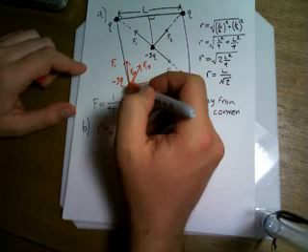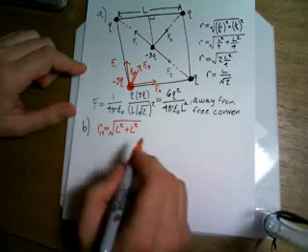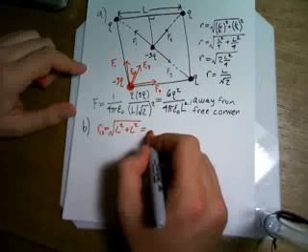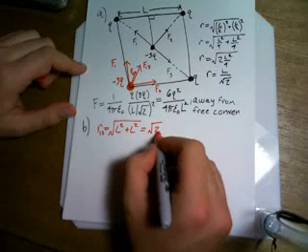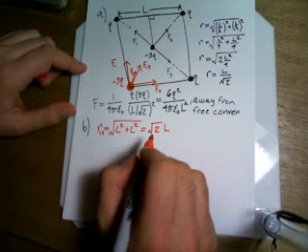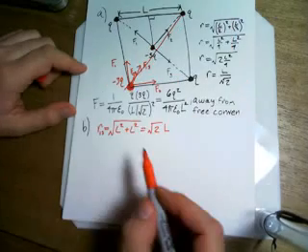That's the radius from Q1 to Q3, which equals the square root of 2L squared, so the square root of 2 times L.